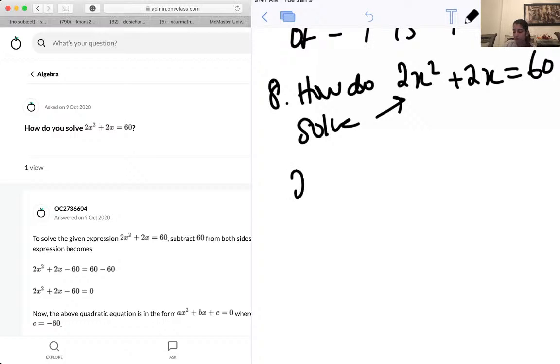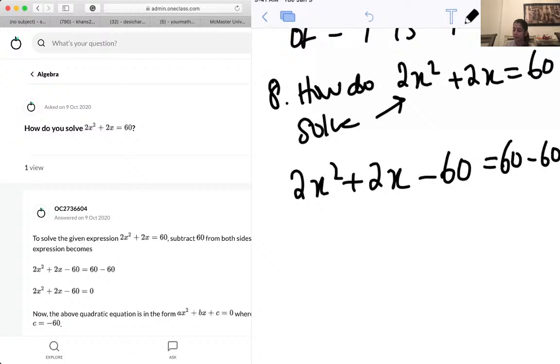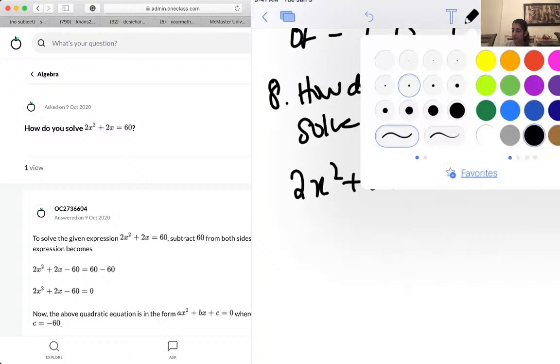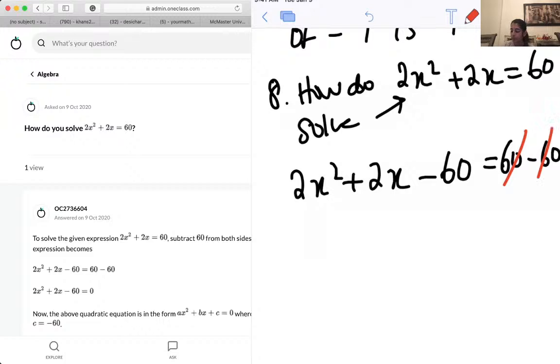So 2x squared plus 2x minus 60 is equal to 60 minus 60. So the 60 is going to get canceled out, and that is going to leave us with a 0. So 2x squared plus 2x minus 60 is equal to 0.